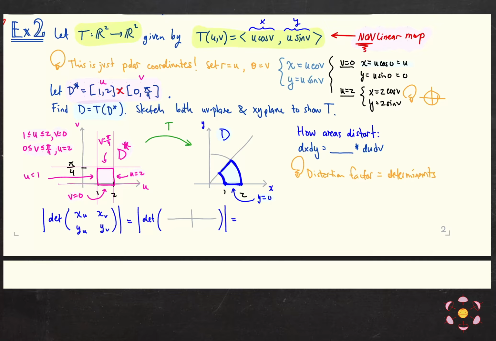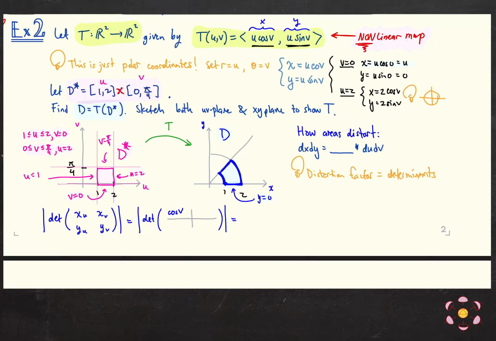So let's go back and remember, this is x and this is y. We can take partial derivatives, and you can see I've got the calculation started for us here. What's the partial derivative of x with respect to u? Well, cosine of v is constant, so I'm just going to get cosine of v. What's the partial derivative of x with respect to v?